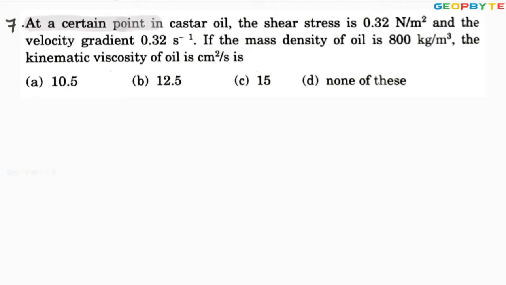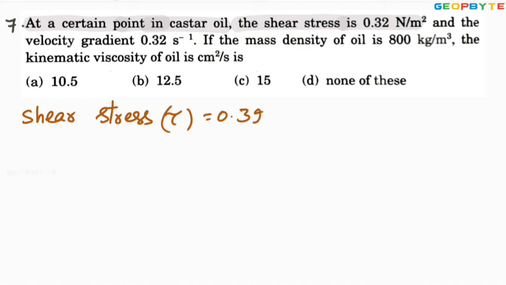At a certain point in castor oil, the shear stress is 0.32 Newton per meter square. Here the shear stress, generally denoted by tau, is equal to 0.32 Newton per meter square.